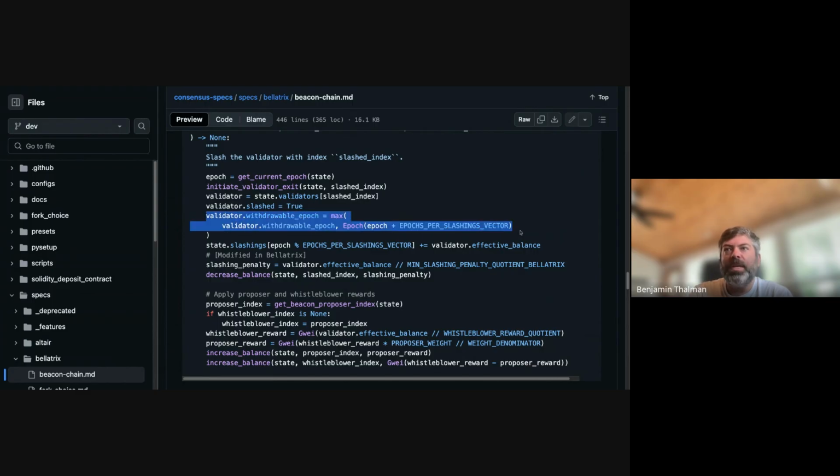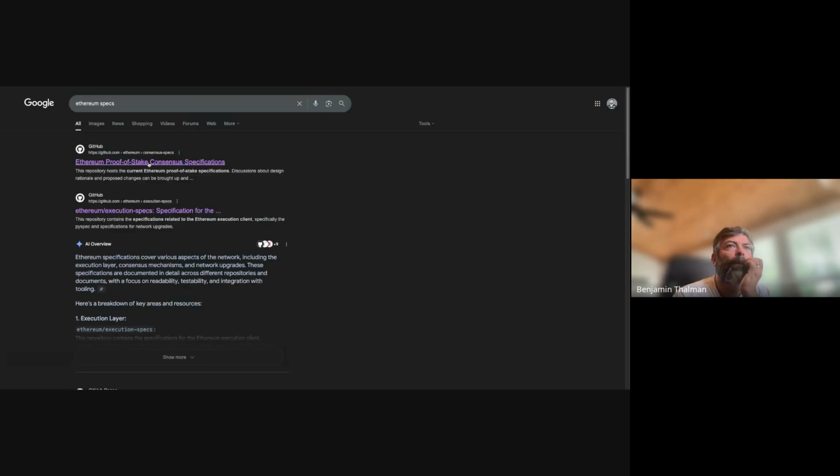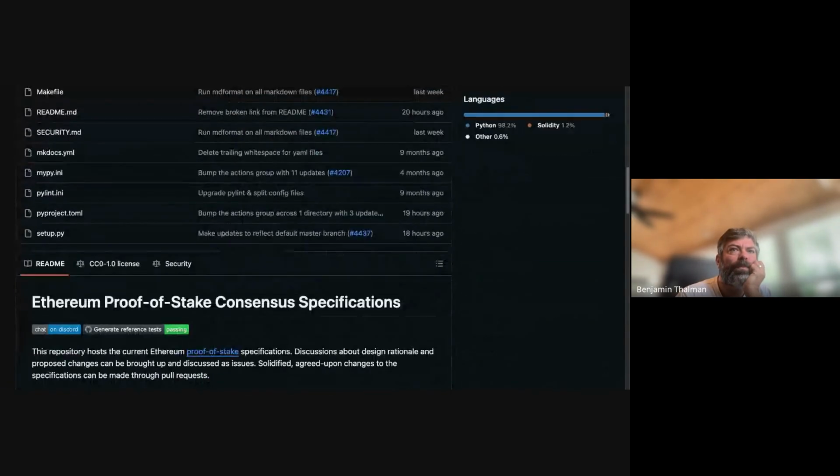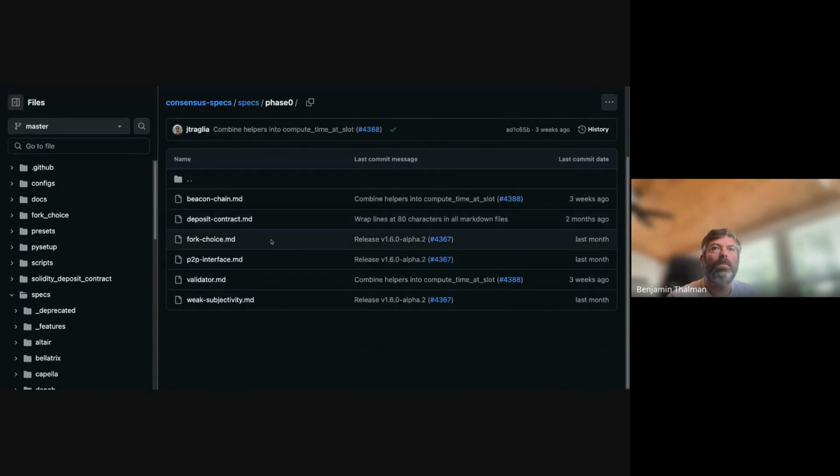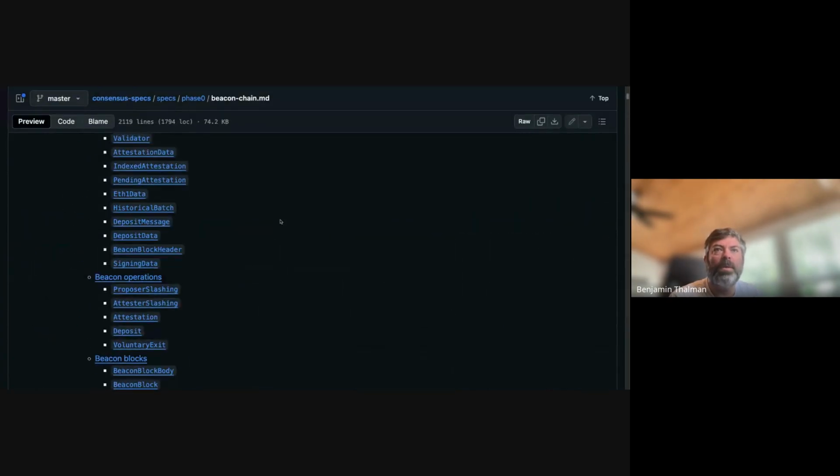What this is doing is it's basically setting a withdrawability delay, and it's incorporating this epochs per slashing vector, which is going to be that 36 days. In fact, we can see that. Let's go to the specs. Should be set as a parameter.